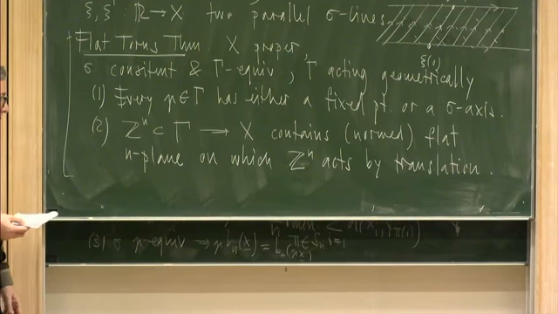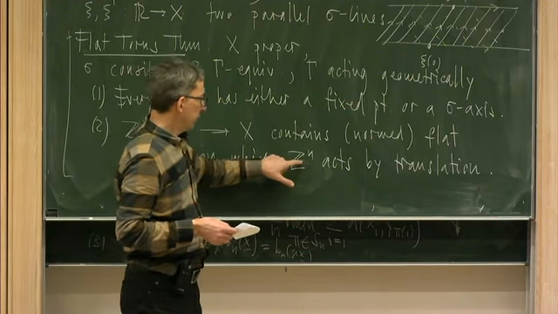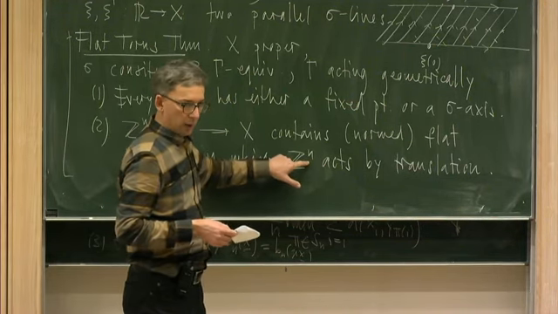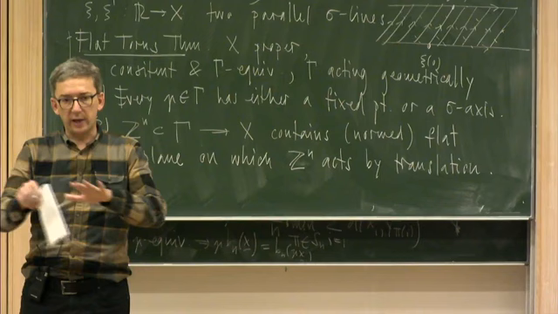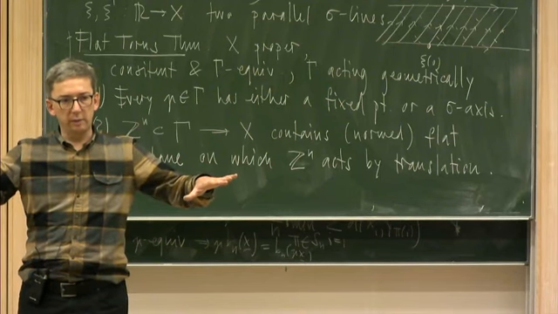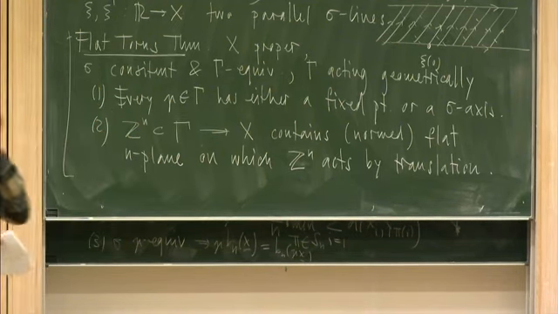Then you take a point in the min set, and an orbit under this action of Z to the n, and you can already construct the norm from this. So you get an isometrically embedded copy of Z to the n with some norm, and then you use the barycenter construction to fill the gaps and to complete it to a flat. So it uses again the barycenter construction, but it's involved.